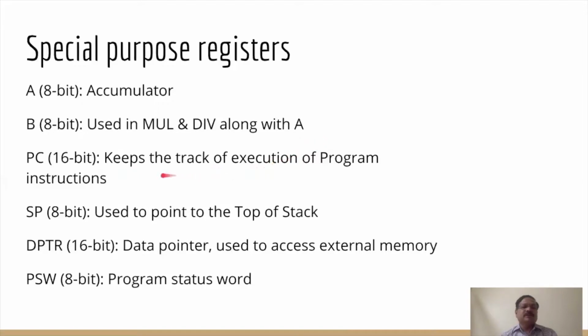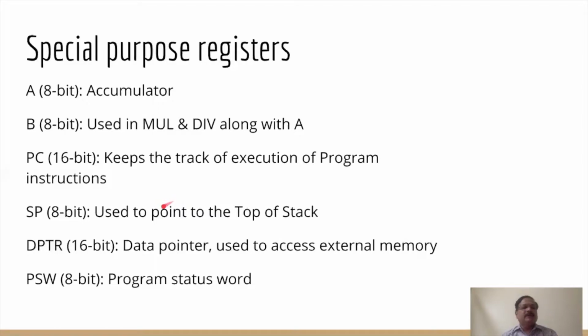So the PC contents are automatically updated in that case. But normally, it always holds the address of the next instruction to be executed in sequence. So while executing the current instruction, the PC contents will be updated automatically to the next.